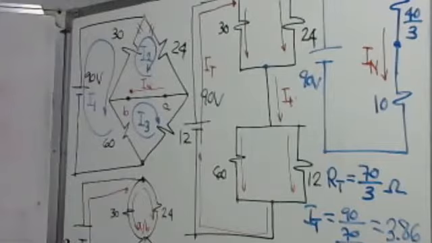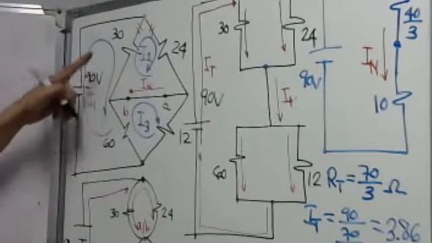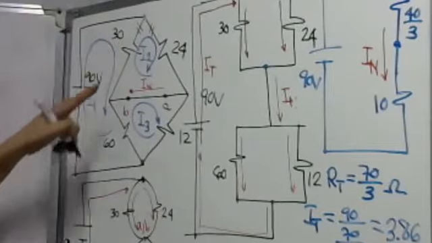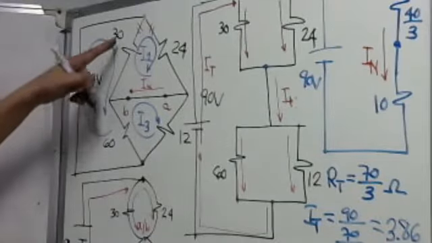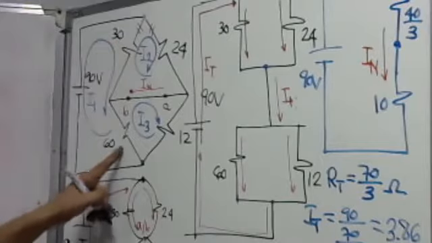What are the loop resistances? It flows in the 30 and 60 ohms, so we have 30 plus 60 ohms.